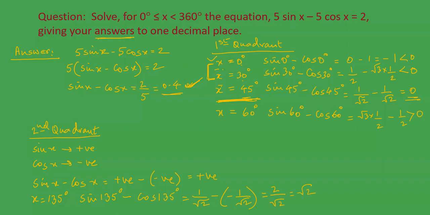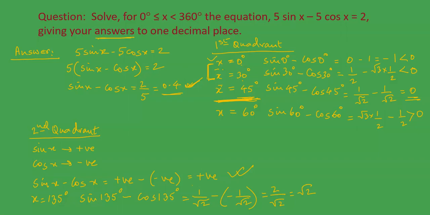Okay. So we have got the first quadrant behavior of sin x minus cos x, that is after x equal to 45, it moves above the x-axis. And for the second quadrant, this is valid for any angle in the second quadrant.